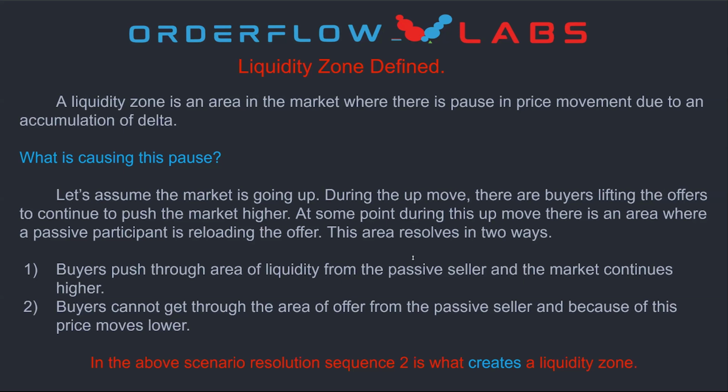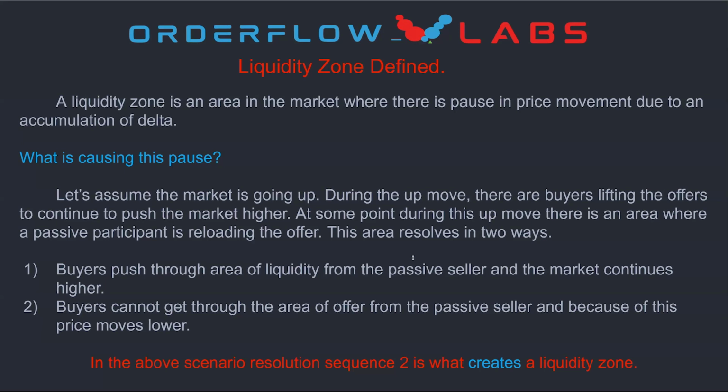Those people that are actively lifting the offer, buying at market, would be considered active, right? So they're aggressors. They're aggressing into that offer. The passive participant is the other part of that equation. That would be the limit order sitting there on the order book.